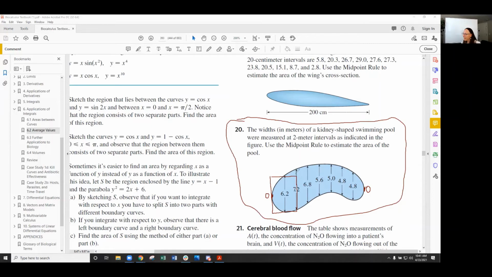That would make 6.8 the midpoint for my next interval, and 5.0 the midpoint of my next one, and 4.8 the measurement at the midpoint of my last rectangle. So even though someone took the time to find all that extra data, we're just going to use the values at the middle of the intervals.